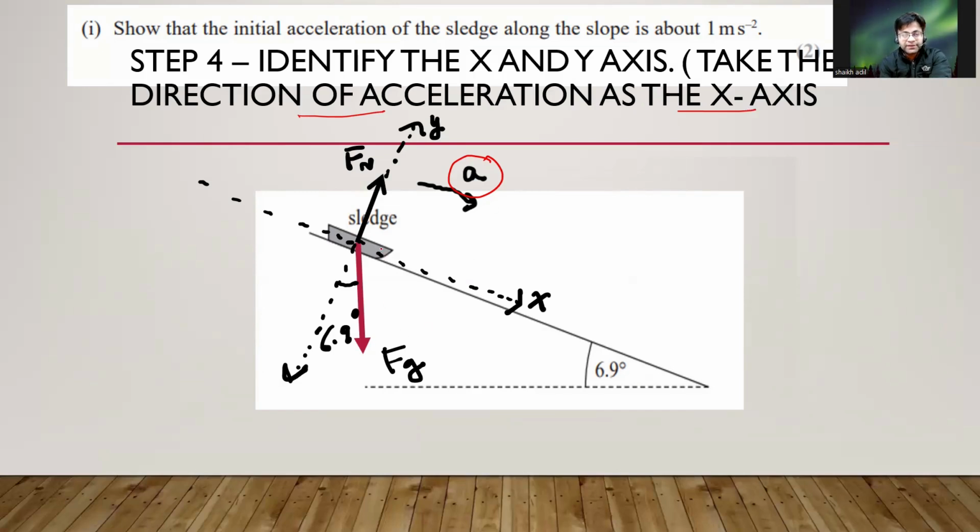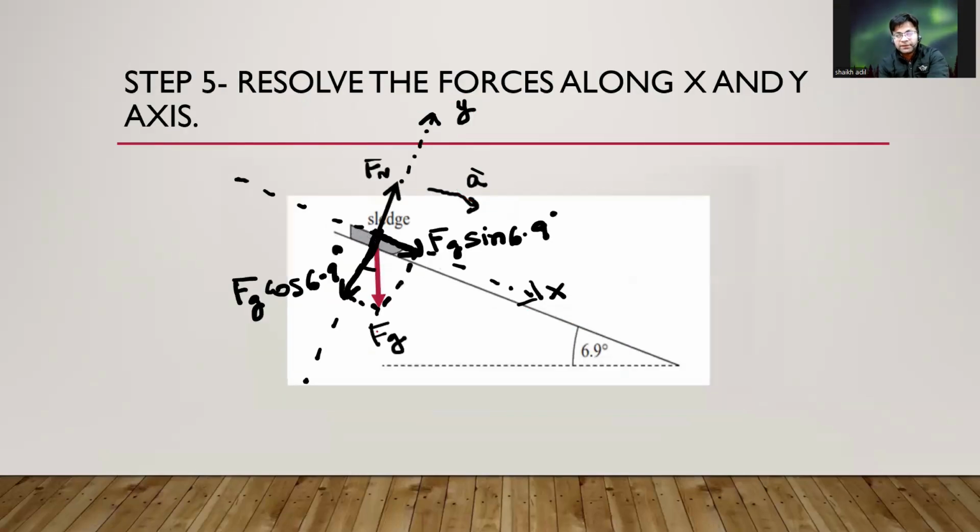As the body is moving in this particular direction, we take this direction as our x-axis, and the direction perpendicular to it will be our y-axis. After deciding the axes, we can also see that the force of gravity makes the same angle, 6.9 degrees, with the y-axis.